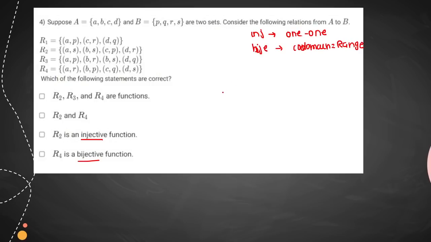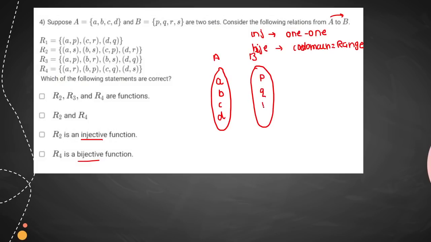So we have two sets, A and B, and the relation is from A to B. Here A includes a, b, c and d, and B includes p, q, r, s.